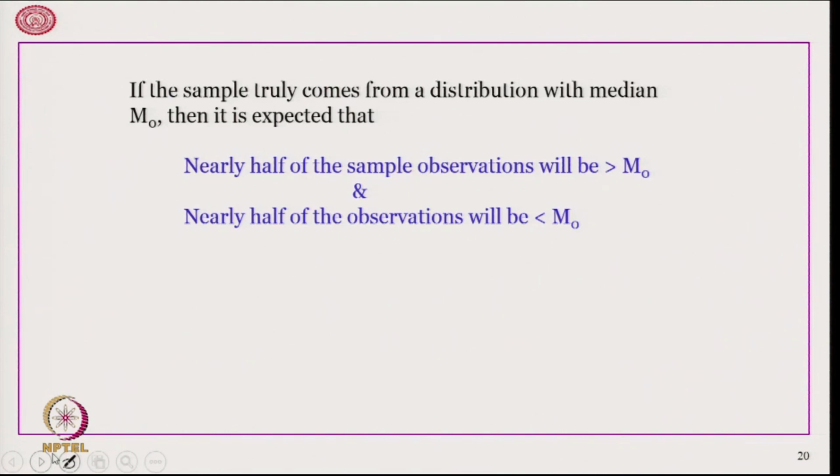So, if the sample is truly coming from the distribution with median equal to m naught, then we would expect that nearly half of the sample observations are going to be greater than m naught and nearly half are going to be less than m naught. That comes under the null hypothesis, that is, the median is actually at the point m naught.